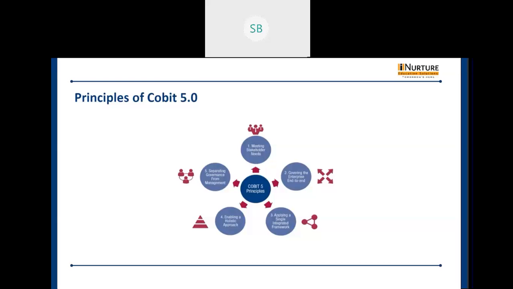What happens is that the stakeholder needs get translated into the business strategy. Now this business strategy and IT strategy need to be aligned. I told you, it is very important in an organization that the IT strategy and the business strategy be aligned with each other for the organization to flourish.